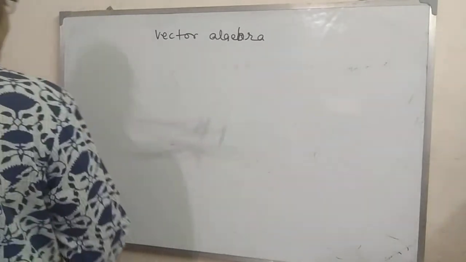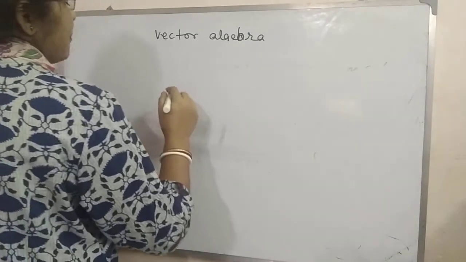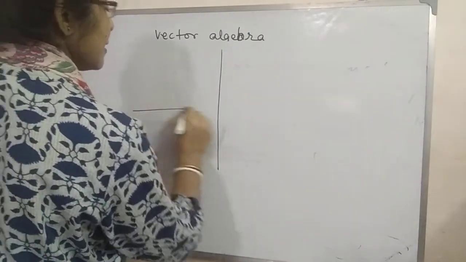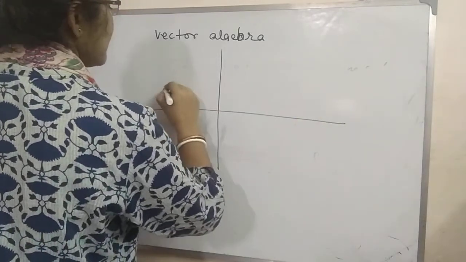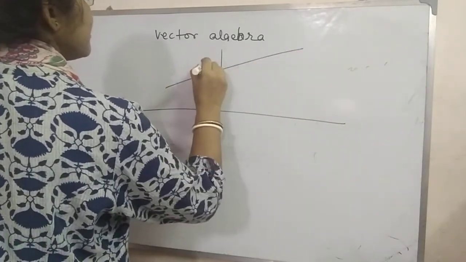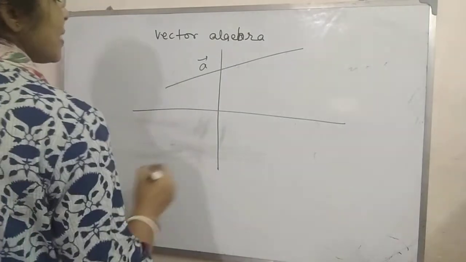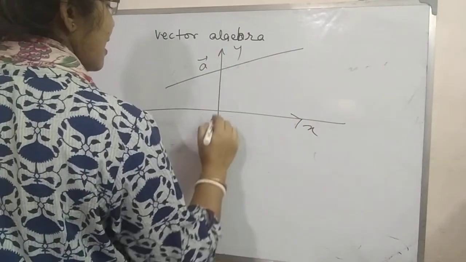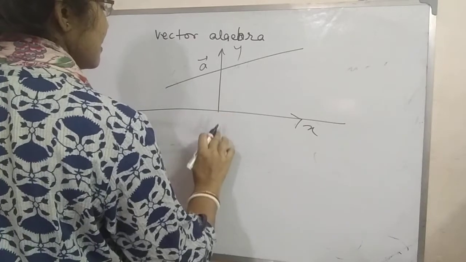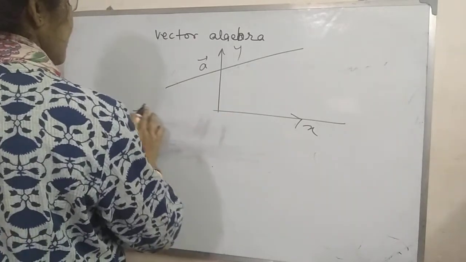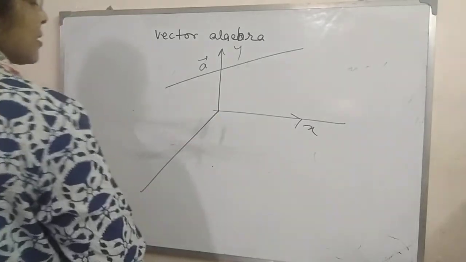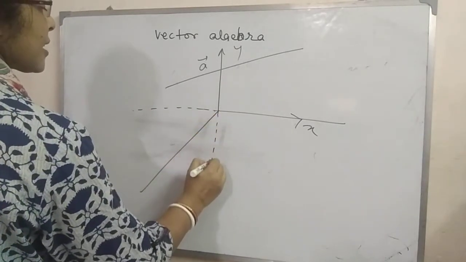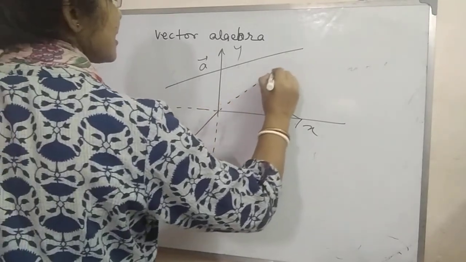Now I draw a picture. This is the vector A. This is the x-axis, this is the y-axis and this is the z-axis.